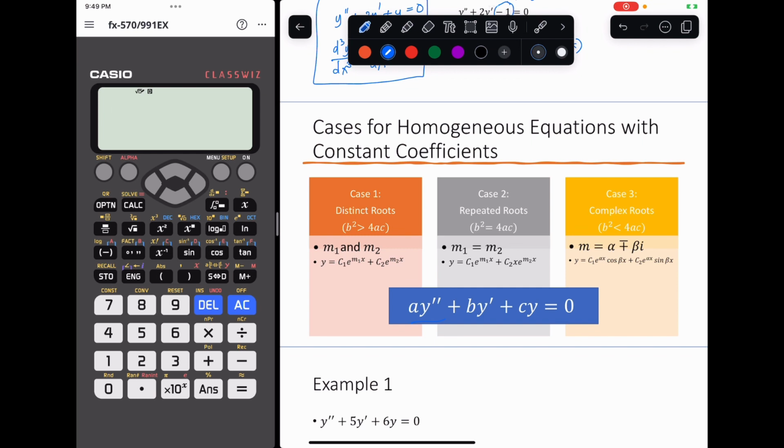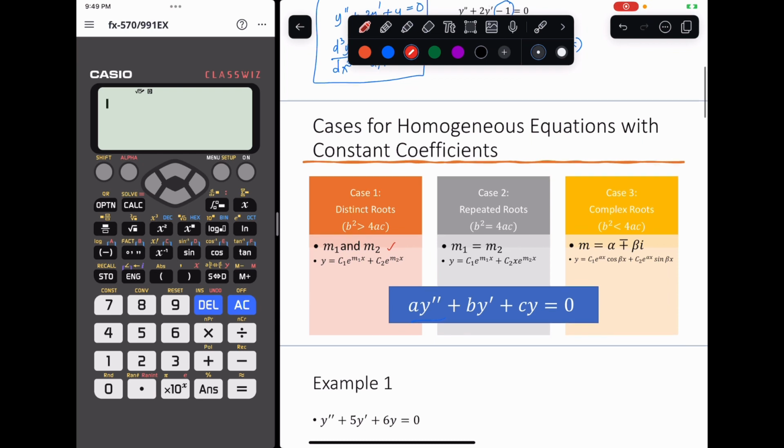So how do we write the solution? Again, there are two solutions for a second order differential equation. For case number 1, m1 and m2 are two distinct roots.